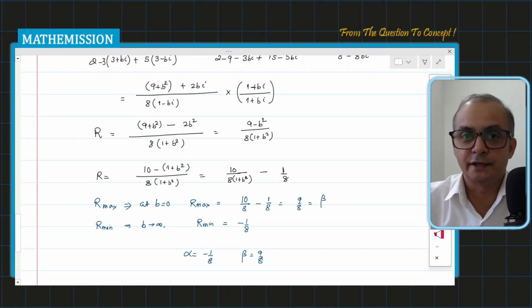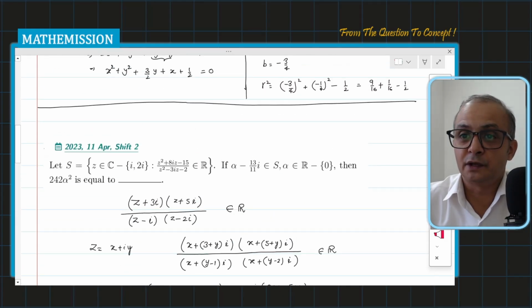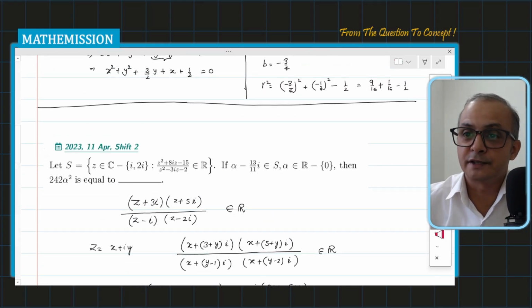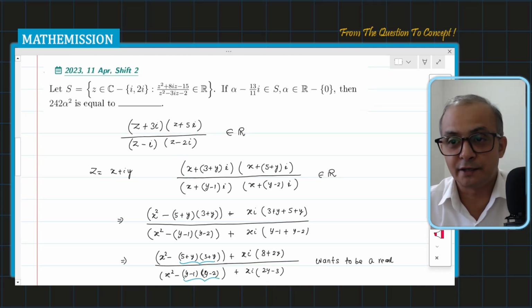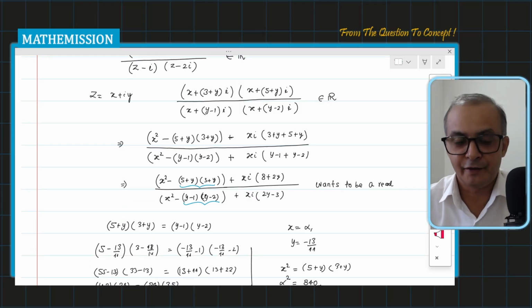So that is coming from that. This particular second question was already discussed. Identifying how to turn it into the real part or real number only is challenging.